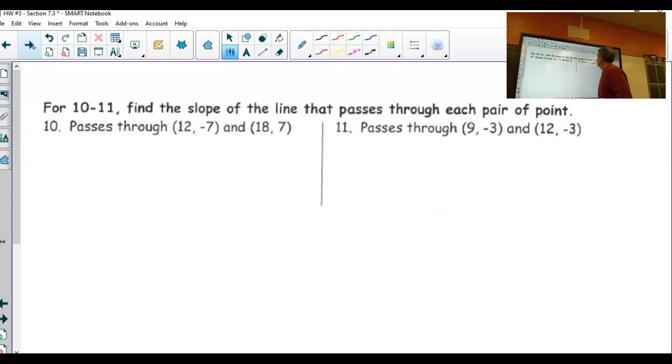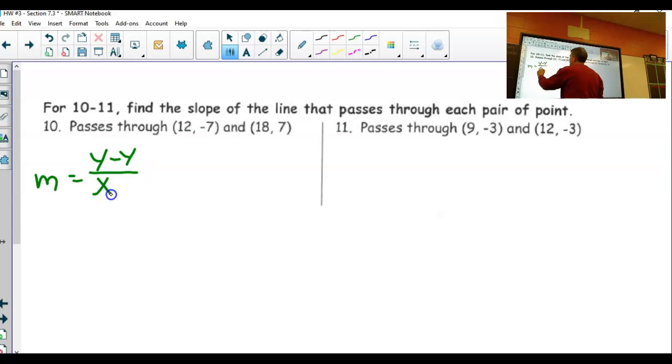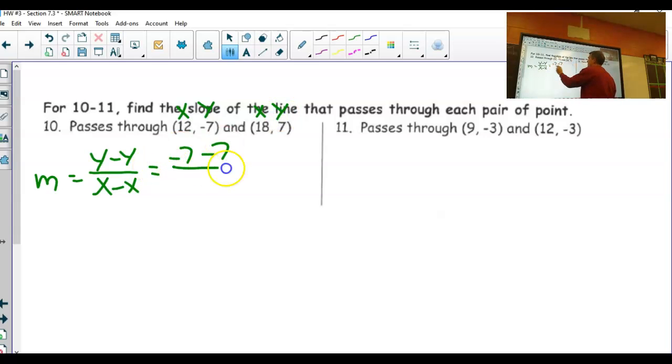All right, this brings me to 10 and 11, where I had to find the slope of the line. I find the slope of the line by doing y minus y over x minus x. So in this case, that might be -7 minus 7. Those are my y values.